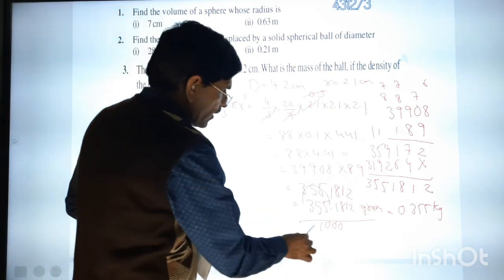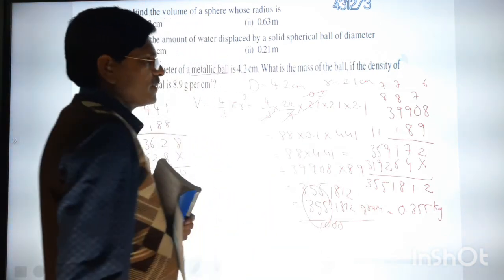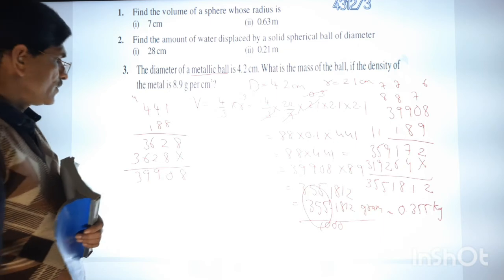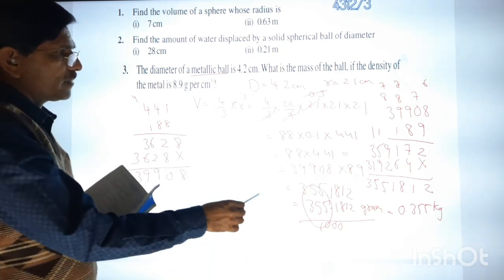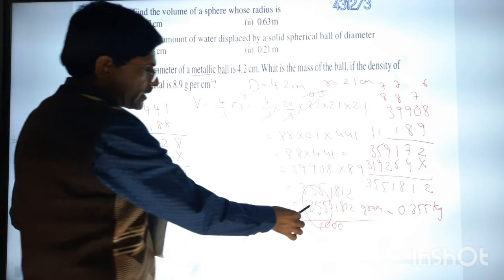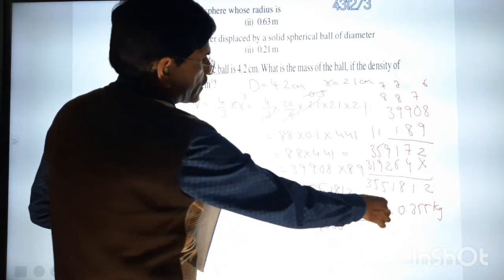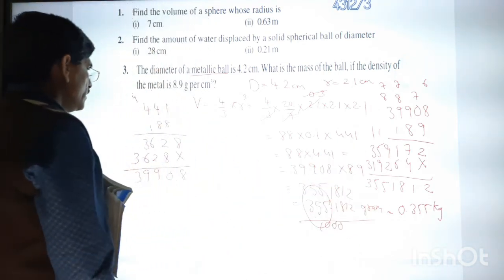So I think we are making some mistake here. Question number third, 13.8, answer is 345.39. So I think some mistake is there. Again, one multiplication mistake may be possible, that here we did not get 345. Let me check where we made the mistake.